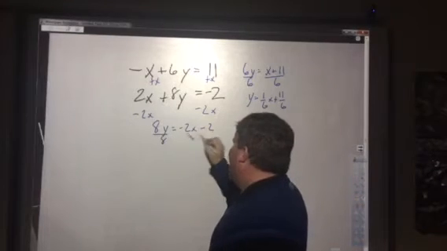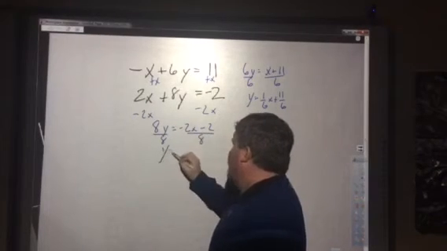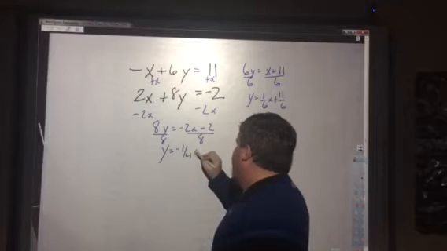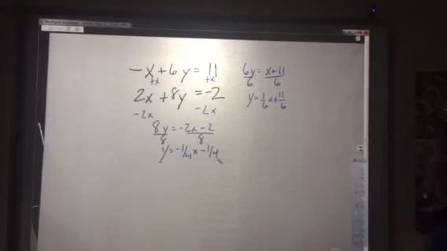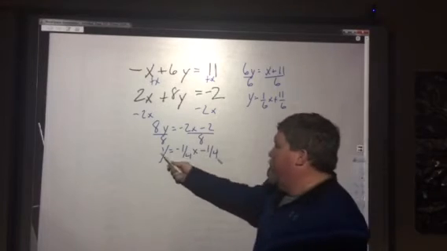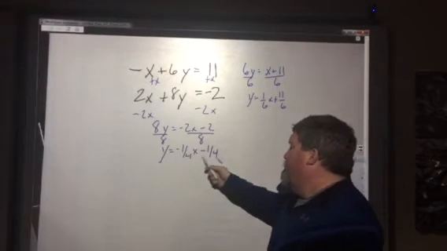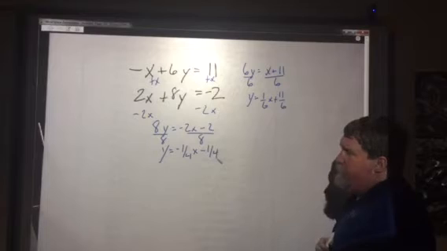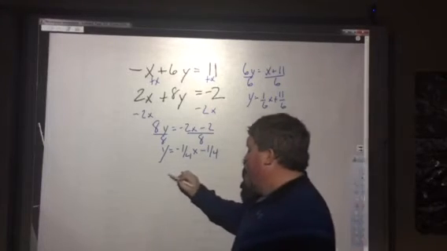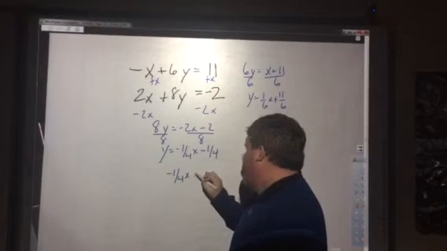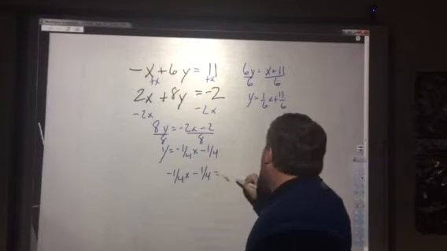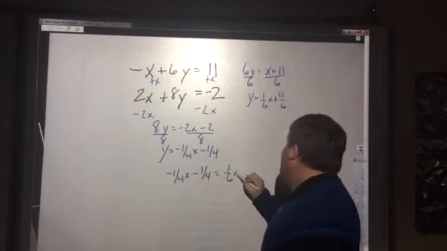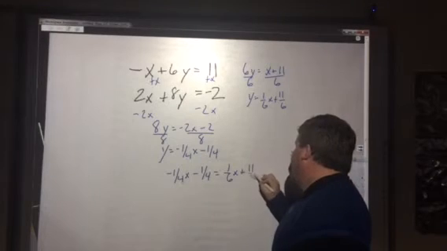Divide both sides by 8. y is equal to negative 1/4 x minus 1/4. So now both of them are solved for y on the left. That means their right sides have to be equal to each other. So negative 1/4 x minus 1/4 equals 1/6 x plus 11/6.